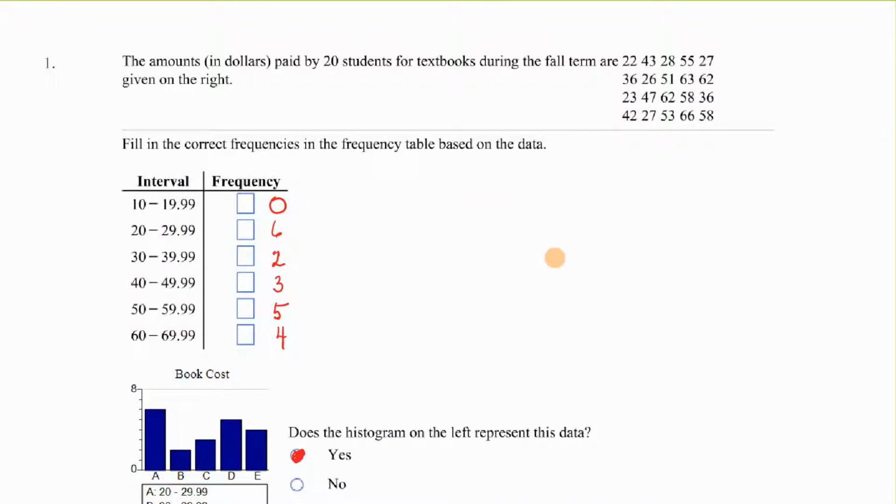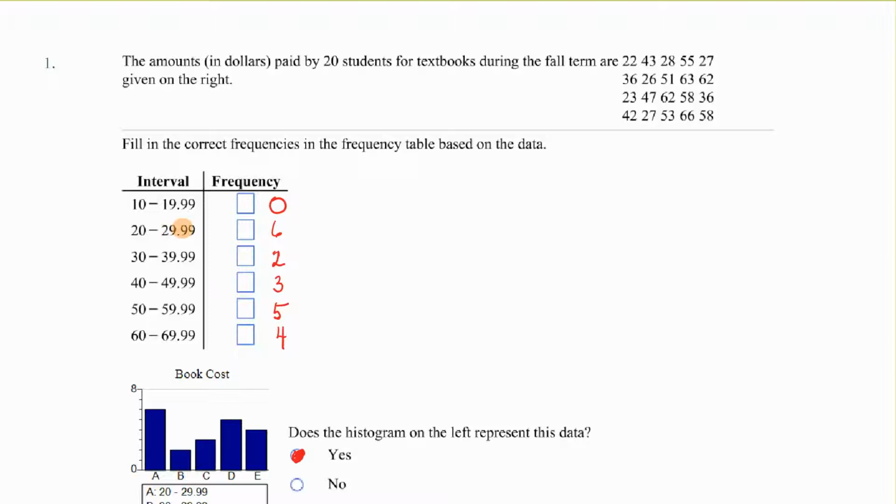The amount in dollars paid by 20 students for textbooks during the fall are, and then we have all these numbers in a list. If you want to fill in the frequency of numbers in particular intervals, it's often listed like this. So if we want to find out how many amounts are there that are between 10 and 19.99, well, there aren't any, so that would be a 0.